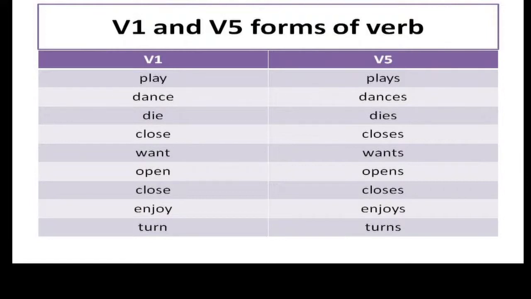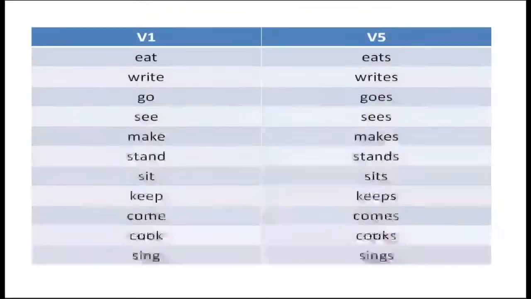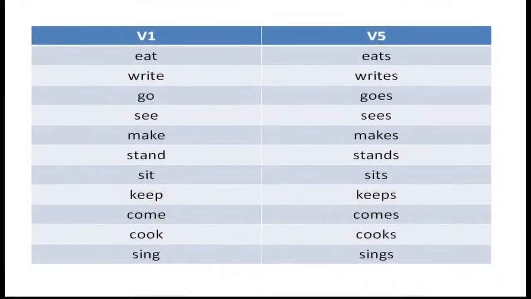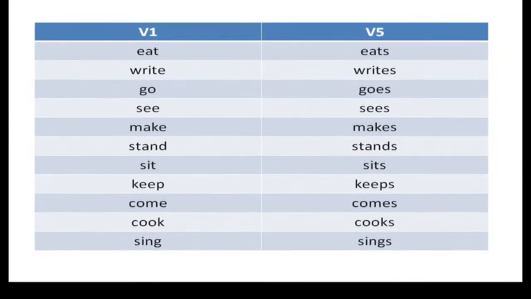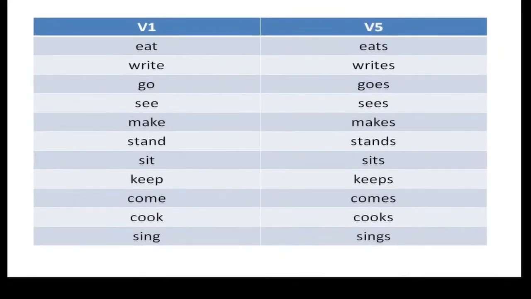Now, we will have a look on next slide as well. Okay, see here, we have got more verbs over here. Eat, eats, write, writes, go, goes. Here you can see es is added. In go, es is added to make it verb 5.